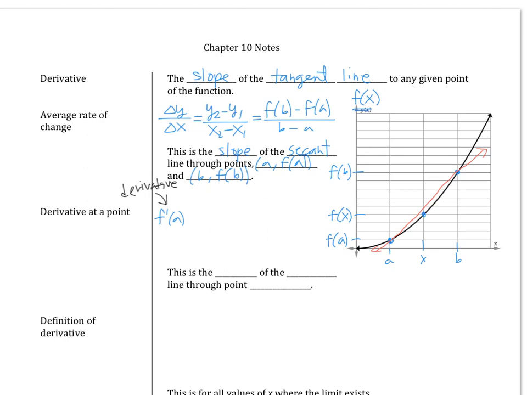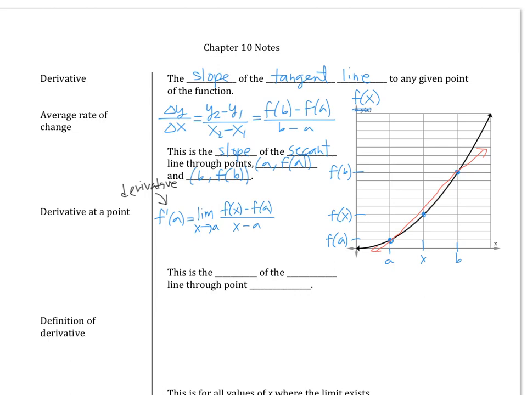Using the average rate of change, we are going to take f of x, which is the y, minus f of a, and divide by x minus a. Same idea as before, except this time we're trying to get to a. So we're going to take the limit as x goes to a, meaning x is trying to get to a as close as possible. And whenever x is close enough, we're going to figure out what the derivative is.